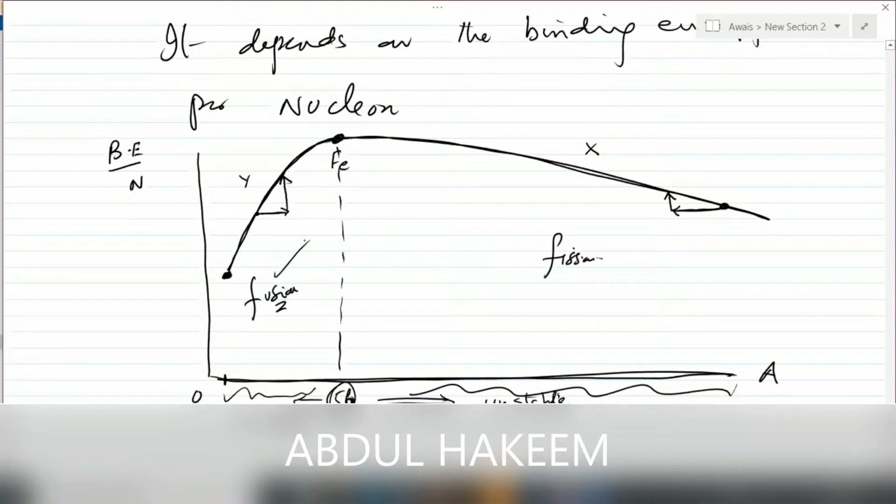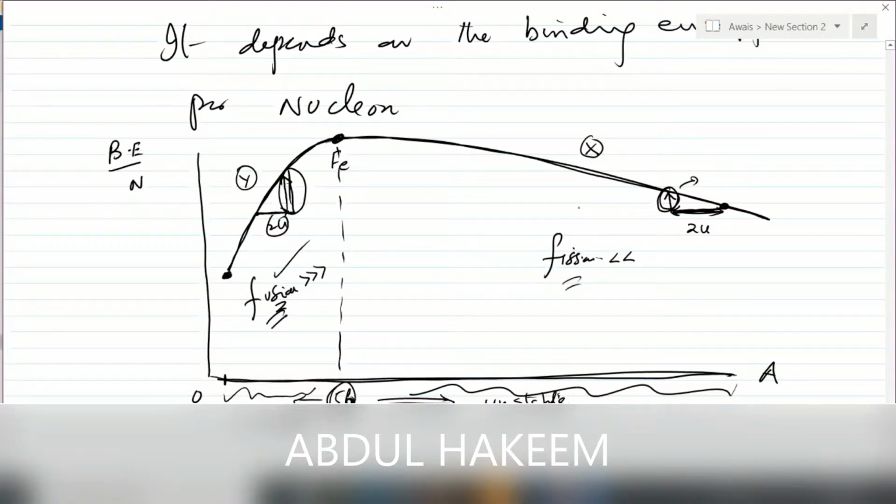Now, if the same mass is deficit, for example, this is 2U here, this is also 2U here. Look, this rise is small and this rise is large, meaning the gradient of the Y is greater than the gradient of the X. So the fission is less energetic as compared to the fusion, because fusion gives more stability as compared to the fission.